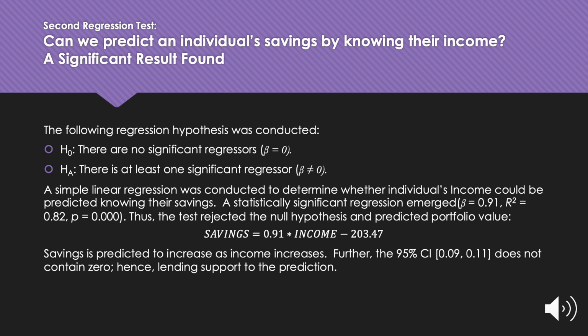Savings is predicted to increase as income increases. Further, the 95% confidence interval between 0.09 and 0.11 does not contain zero, hence lending support to the prediction.